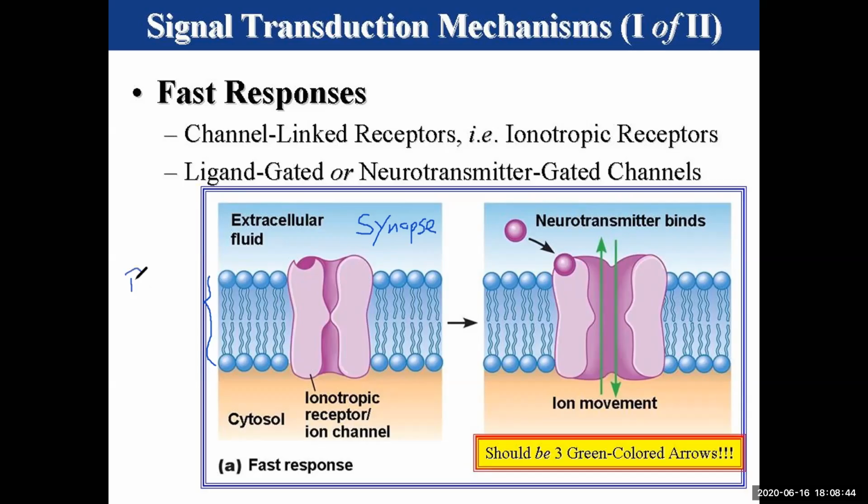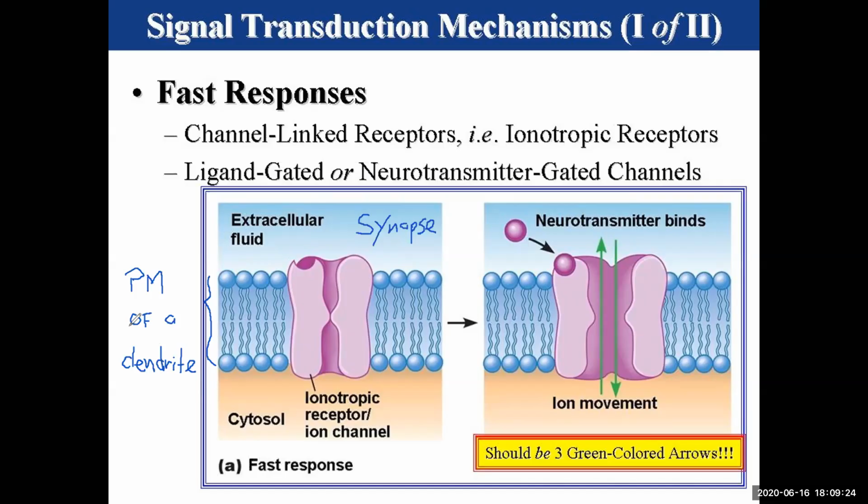So PM stands for plasma membrane, for example, of a dendrite, or plasma membrane of the soma on the postsynaptic neuron.